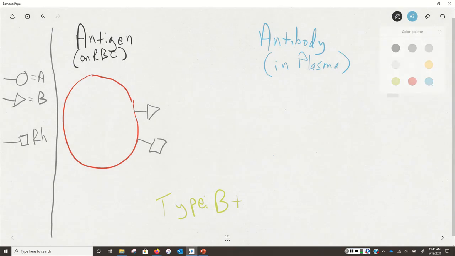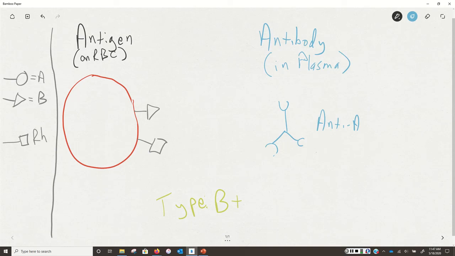Well, they would be born with anti-A antibodies because they should never have A antigens. Someone with blood type B positive has the B antigen and the Rh antigen, and they have anti-A antibodies. And they will be born with that, and they will have that their entire life.